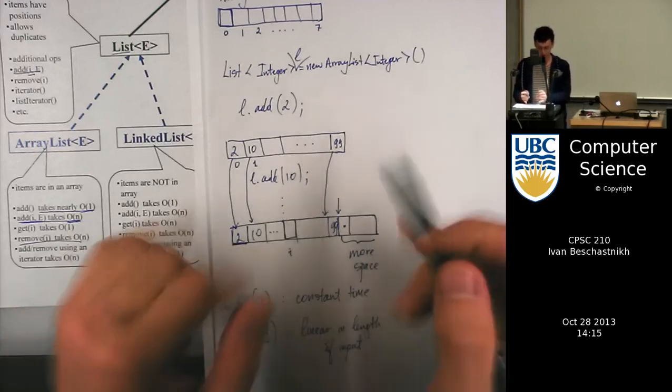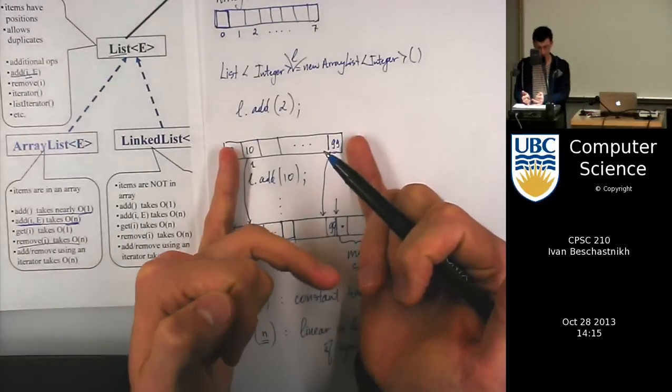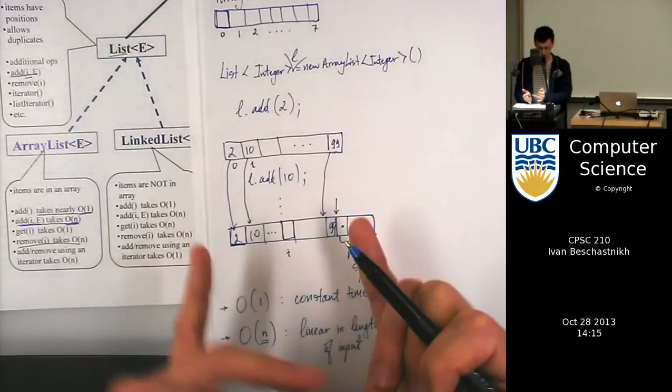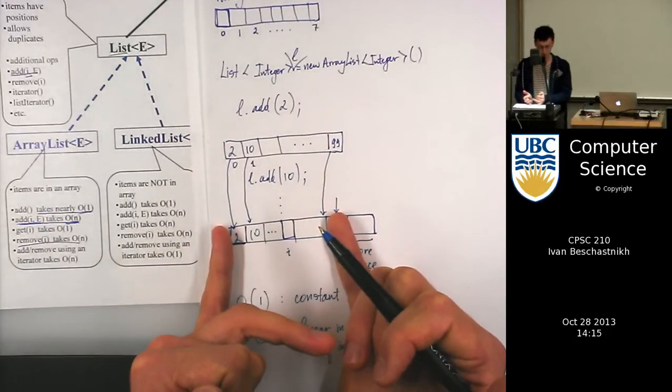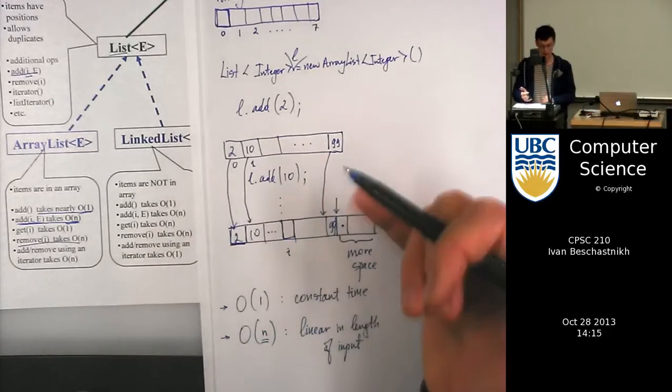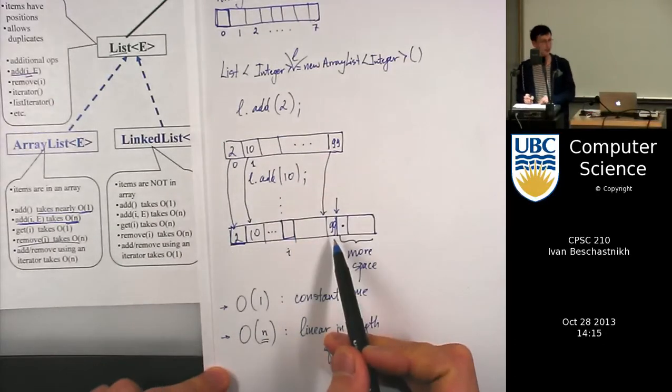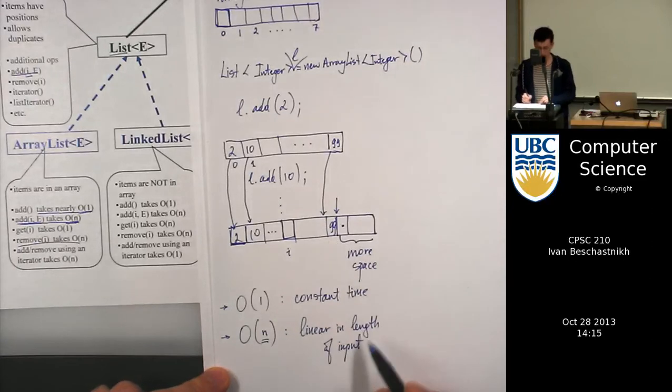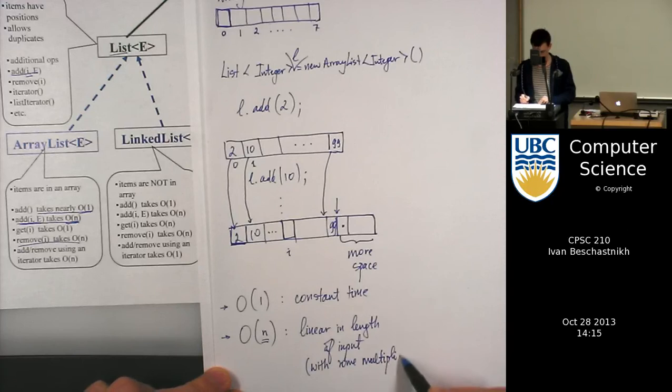So if my array was this length, I need to allocate a new array that's going to be the same length minus 1. So it needs to exclude the 99. And then I need to copy them over. So that's also going to take as long as the length of my array. So it's linear in the length of input, but there's going to be some multiplicative constant.